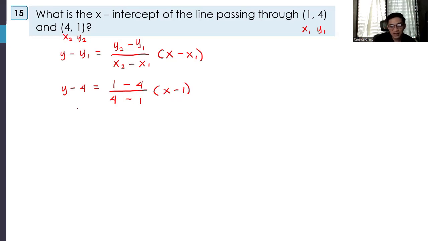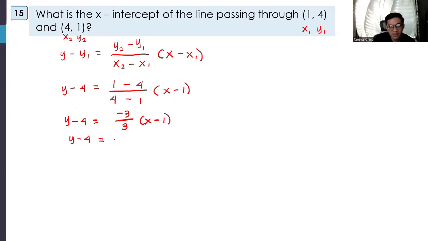So, simplify natin, class. Ito magiging y minus 4 is equivalent to 1 minus 4 is negative 3. Sa baba is 4 minus 1 is positive 3. X minus 1. Ulitin natin. Magiging y minus 4. Ito is magiging negative x minus 1.